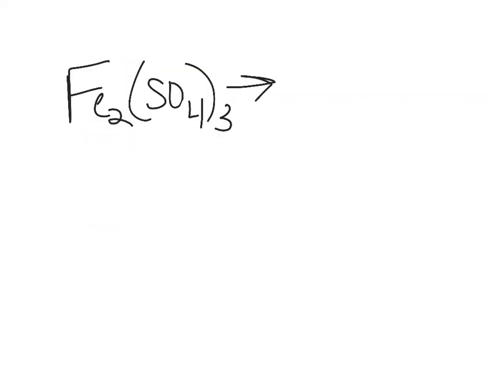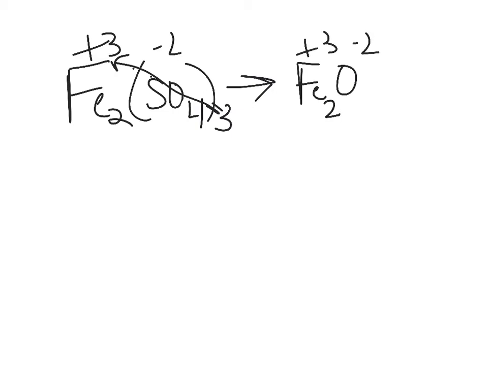Okay, again, I have 3 elements here, so I'm going to put iron with oxygen, and I'm going to follow my oxidation rules. So since this is iron +3, and again, I can do that by undoing my crisscross here, so this is going to be +3 -2, so this is Fe2O3. And then I'm going to have sulfur. So just like we had with the acids, I'm looking at what's the oxidation number of sulfur here.